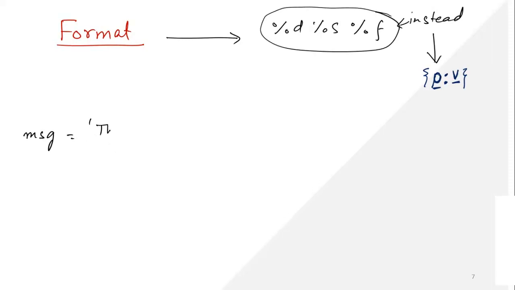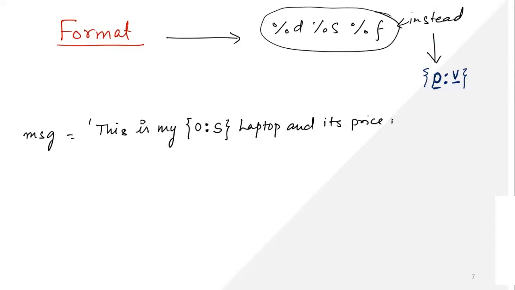I have a message. What do I have to print? Percentage s. So instead of percentage s, I will be using a curly bracket 0, colon s. This is my Dell laptop and its price is 1. Now I have got 0.